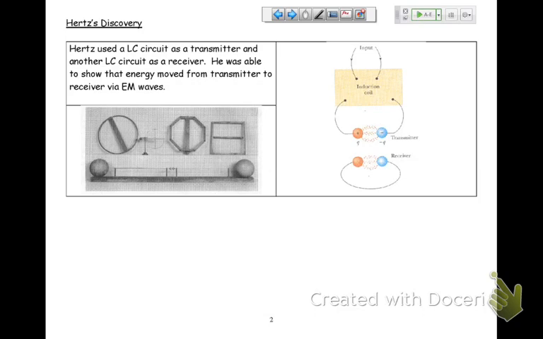So back in the day, people were messing with electricity and batteries, and coils and inductors.